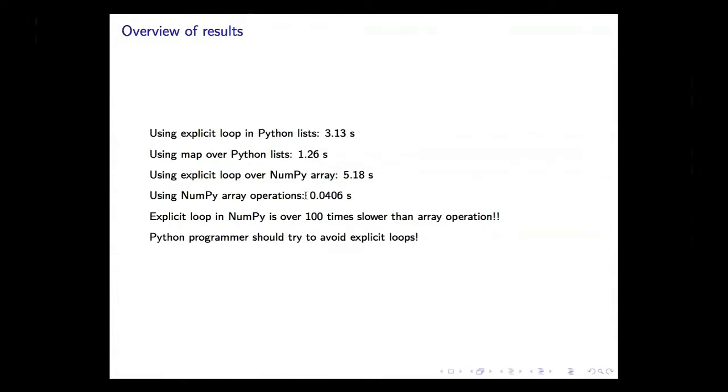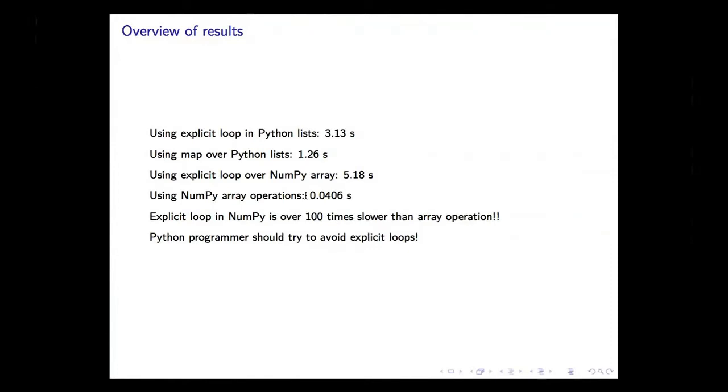So you can clearly see how important it is to avoid explicit loops in Python if you're doing something numerically intensive. And the way this will matter is, if you're writing a quick prototype code, which takes only a fraction of a second to run, then it probably doesn't much matter whether you use an explicit loop or not.